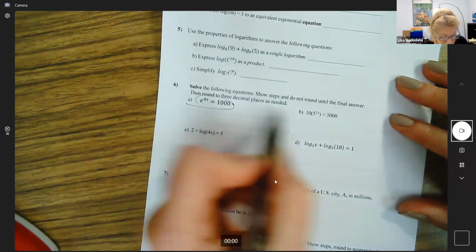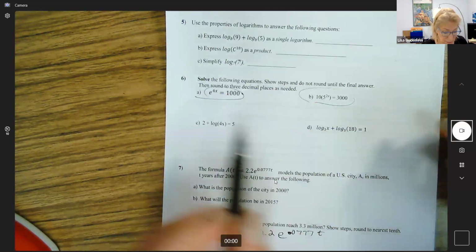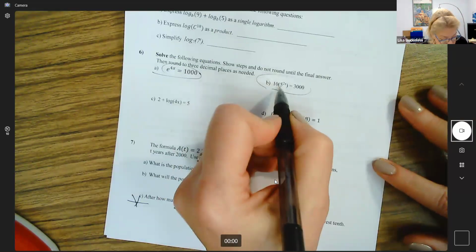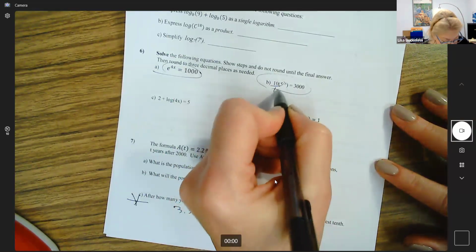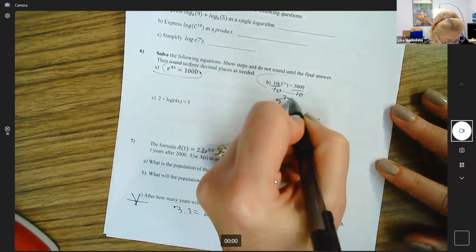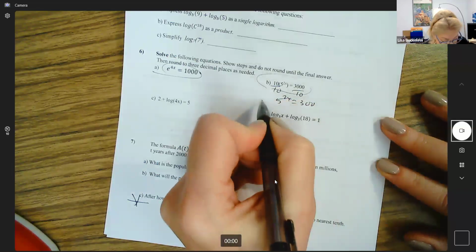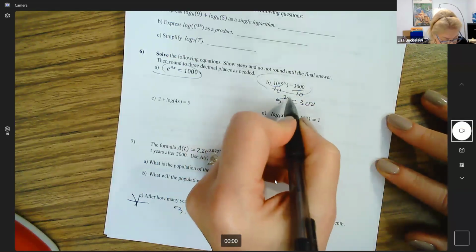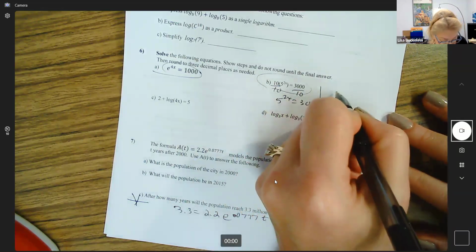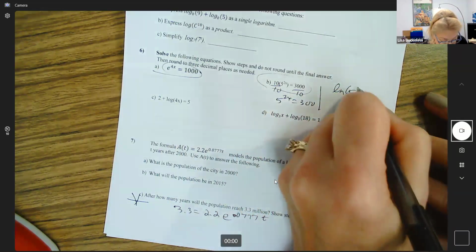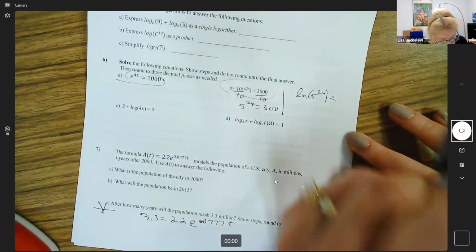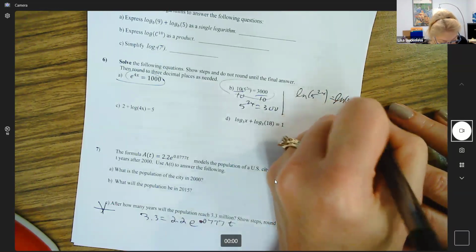And then the other ones, where the base isn't e, we did this in class. If the base isn't e, then when you do your natural log on both sides, you're going to have to bring the exponent out in front. So we'll have natural log 5 to the 2x, natural log 300.